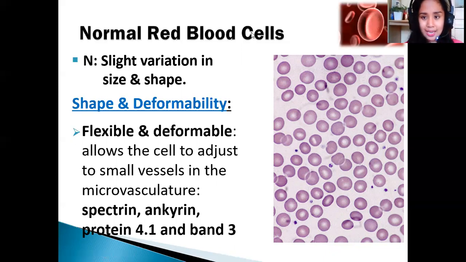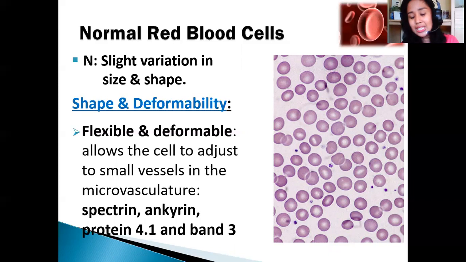And guys, ito na yung sa pinakababa, kung babasahin nyo, we have spectrin, ankyrin, protein 4.1, and band 3. So these proteins here are found in the cytoskeleton, and are responsible for the flexibility of your red blood cells.